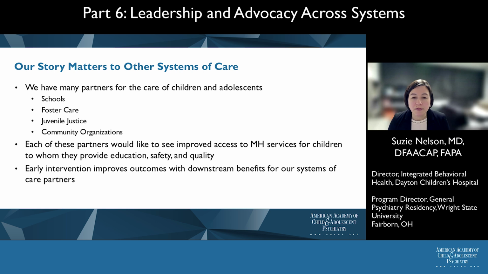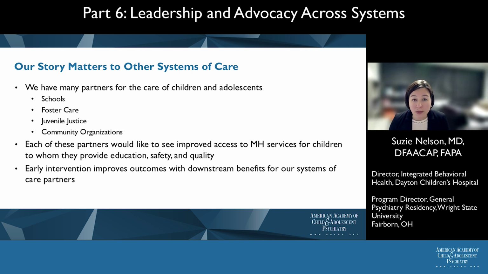In addition to all of these various stakeholders, when we really think outside the box for all of the services and systems of care that exist to support children and families, we recognize that there are many partners in this care, and all of these partners tend to be very invested in ensuring that children's mental health needs and improving access to quality mental health services are definitely a priority among all of these shared groups.